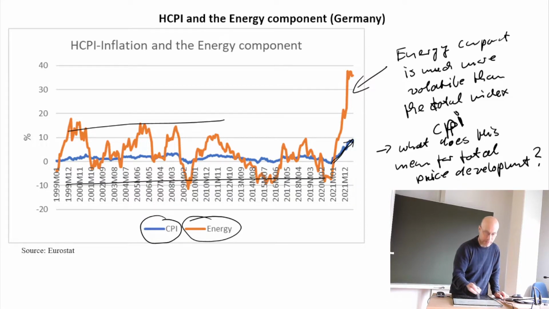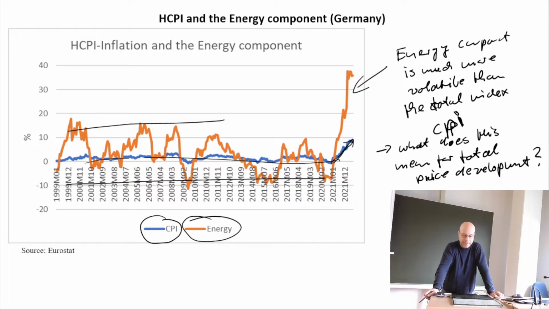So we can roughly say that until the actual situation, more or less, the CPI relative development was roughly 1 or 2%. And we see here, even before the war in the Ukraine started, we had a volatility up to 20%, and then going down during the financial crisis or during the years 2014 to 2016, the energy prices came down by minus 10%.